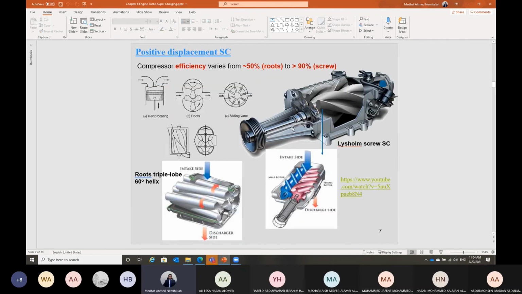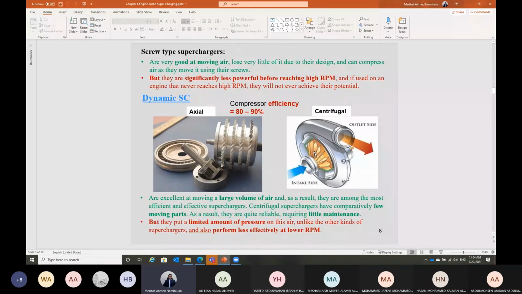So almost we don't have boost at lower RPM. We can benefit from the turbo or supercharger at higher RPM. If you are driving on the highway or something, then you will see the effect of the turbocharger. Otherwise, at lower RPM, in most turbo or supercharger designs, you will not get any benefit from the turbo or the supercharger.